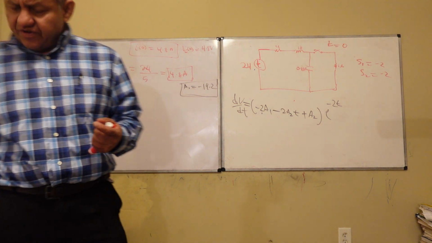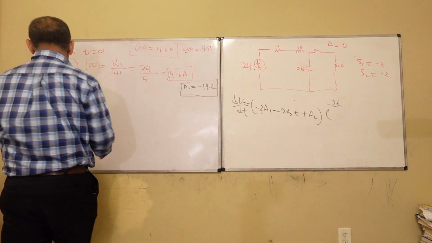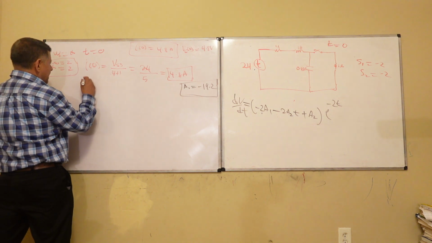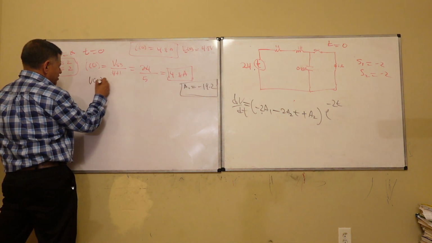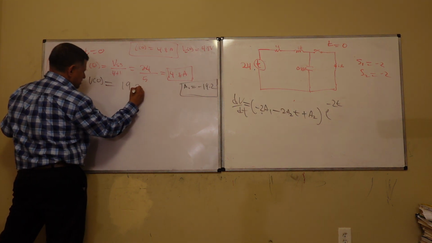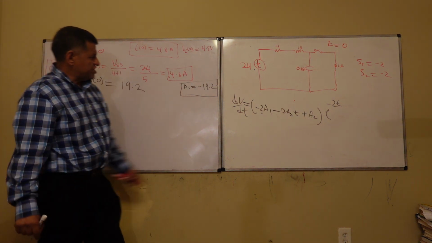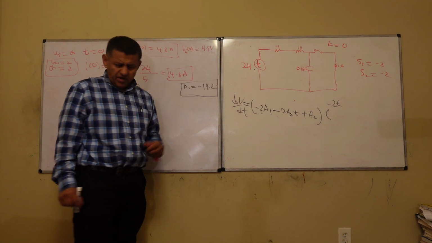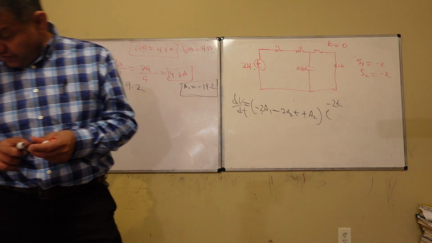We had a derivative, and we found that at v of 0, it was 19.2, right? Which is technically similar to that number. The only thing that we manipulated in order to get that.